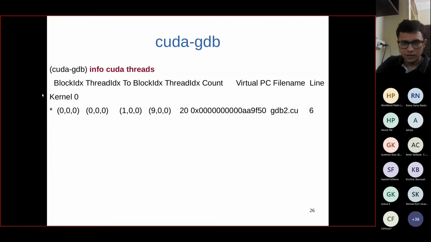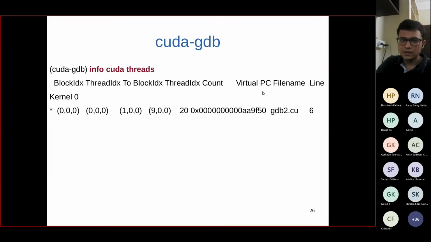So this is the information related to the 20 threads that were part of that kernel. If you see here, it has two thread blocks, 0 and 1, and each thread block has 10 threads, and the total count of threads which are part of this kernel is 20.